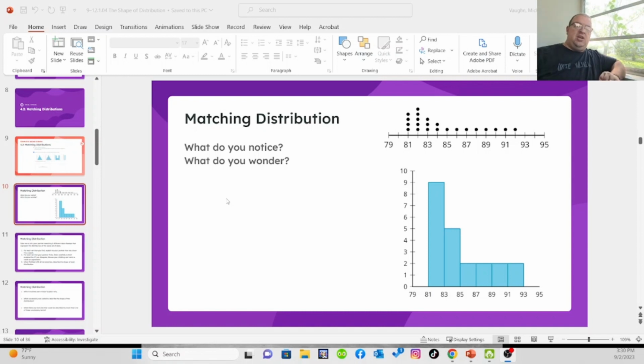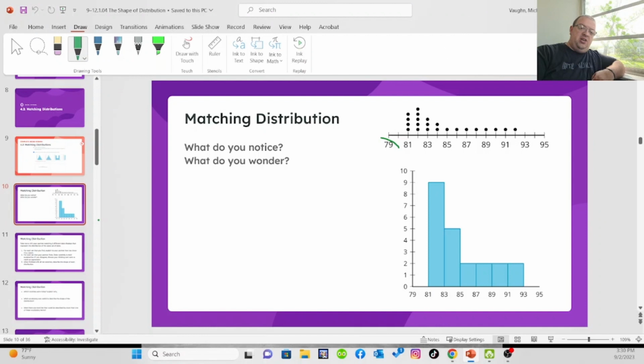So if we look at this example here, I might notice something like my numbering system starting at 79, my numbering system down here starting at 79, then my numbering system ending at 95, and also ending at 95 down here. So we could be looking at that as a way to start saying these could match, these definitely don't.